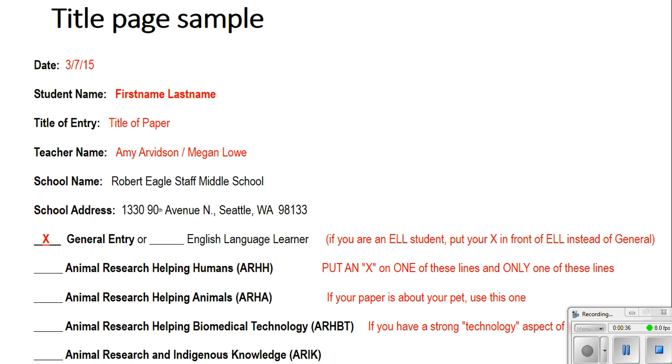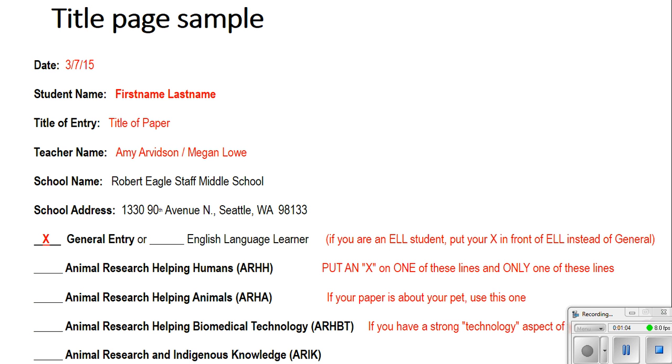to put an X next to general entry unless you're an ELL student. That means 5 years of English or less. And then you're going to put an X next to one of these four contest themes. You're going to pick animal research helping humans if the animal research contributed mostly to things like medications to treat your condition.